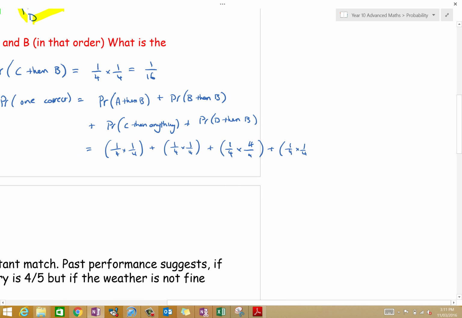Well, let's go ahead and work it out. 1 out of 16 plus 1 out of 16 plus... No, this one is plus a quarter. And this one's plus 1 over 16, because it's a quarter times 4 over 4.